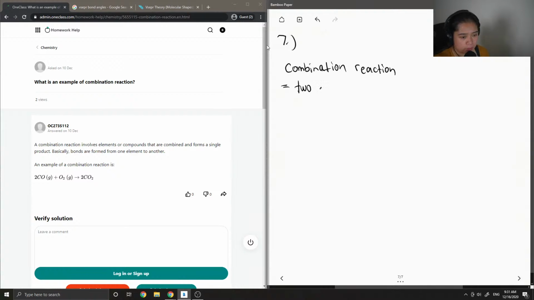This is when two or more elements or compounds combine, hence the word combination, to form a single product.